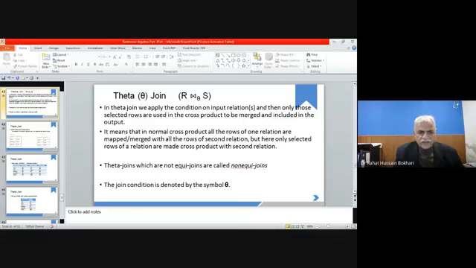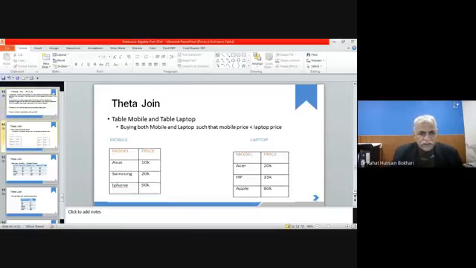Theta joins which are not equijoins are called non-equijoins. The join condition is denoted by theta. Let's suppose we have a theta join for the mobile and laptop, but the condition is that the mobile price should be less than the laptop price.